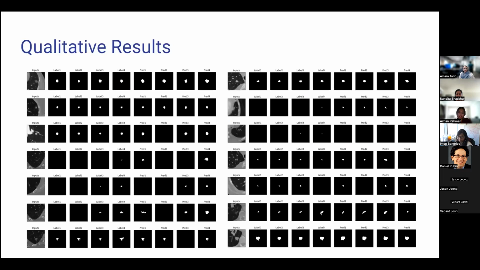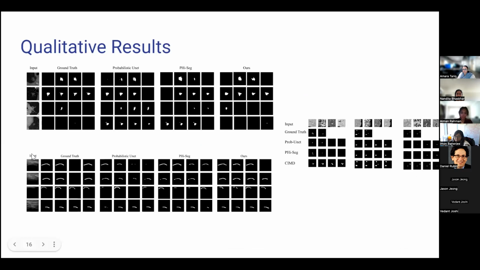These are some qualitative results. You have some input image, and these are the results for LIDC. Some of them have mostly blank masks, but just one of them has annotations. This is more of a comparison with the other methods. As you can see, in some cases, like the CVAE-based method, there's a lack of diversity in the generated masks.